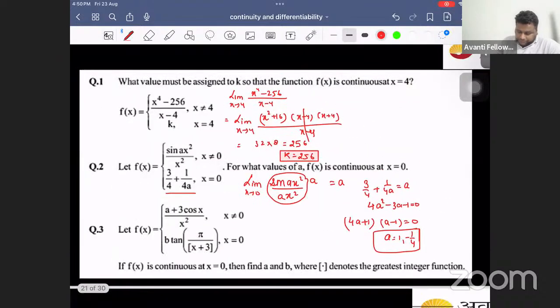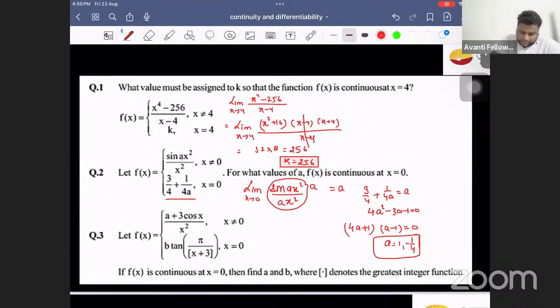Now, try this question. Question number 3. f(x) is (a plus 3 cos x) by x square, x is not equal to 0. And it is b tan(pi upon greatest integer of x plus 3).